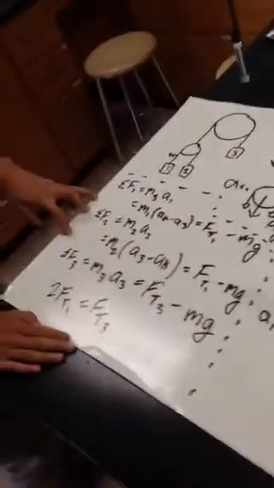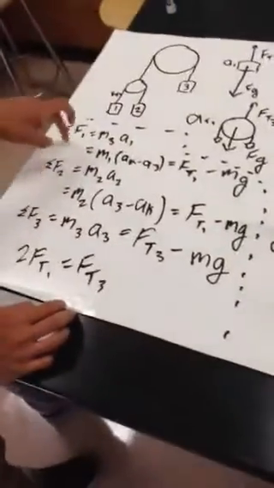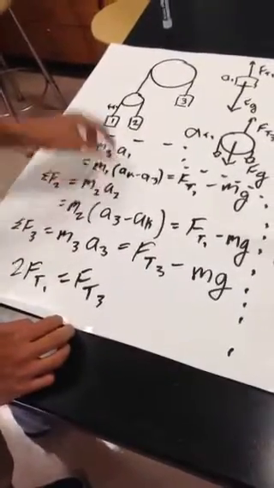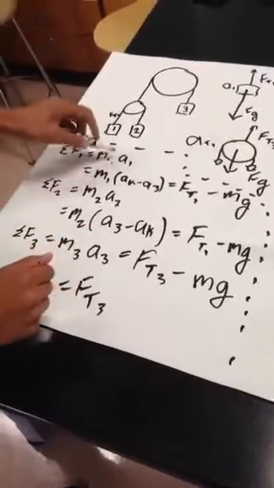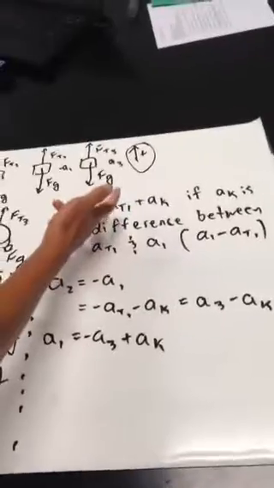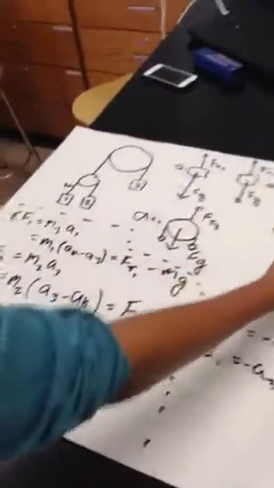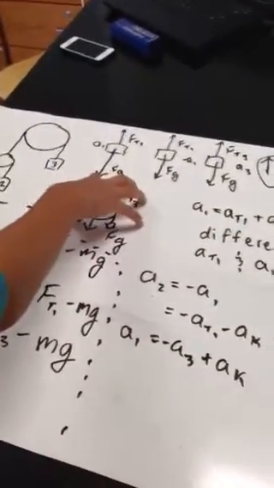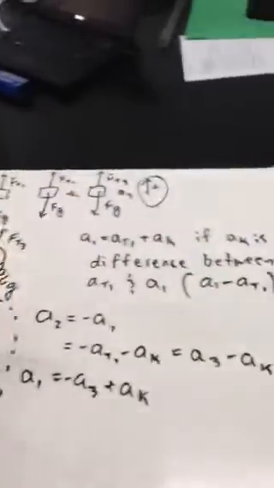Alright, so we have our 3 sigma F statements right here. The first one is just mass 1 times acceleration 1. As we mentioned before, we can set acceleration 1 equal to the acceleration of this whole system plus a constant, so AT1 plus AK, which is the same thing as AK minus A3, because the acceleration of this system is the opposite of the acceleration of the third block.